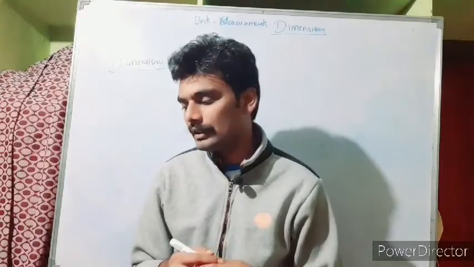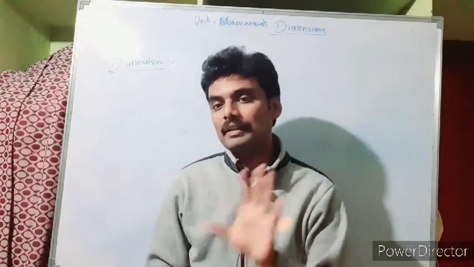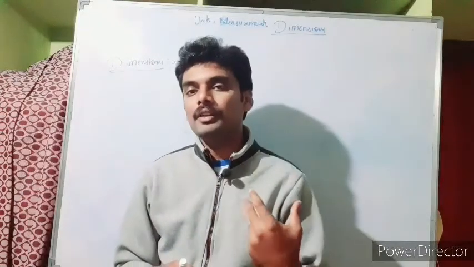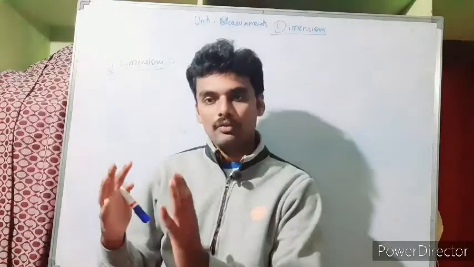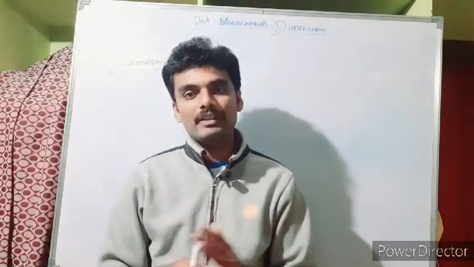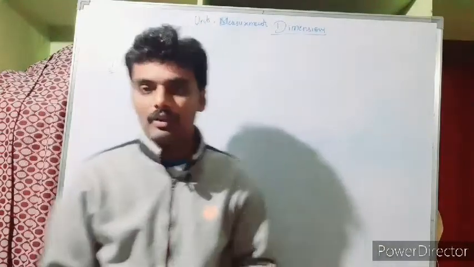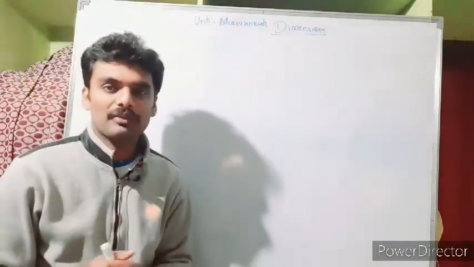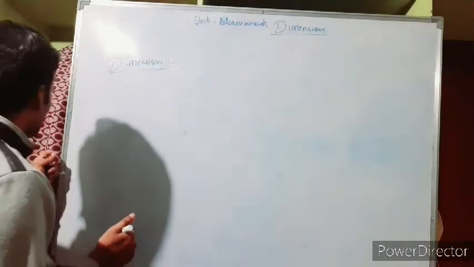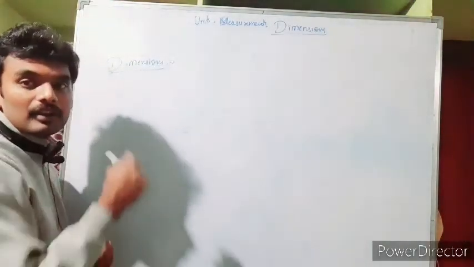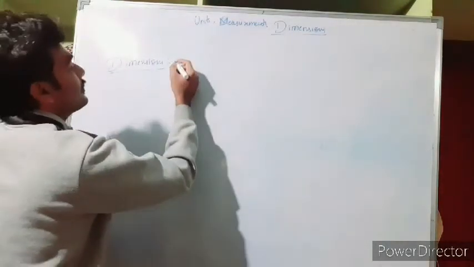So that is why we were in need of another way to get the dependence of a quantity on base quantities directly. For that, we will make use of dimensions. Okay, that is the reason we are making use of dimensions. So when I say what are dimensions, dimensions are written for a physical quantity.